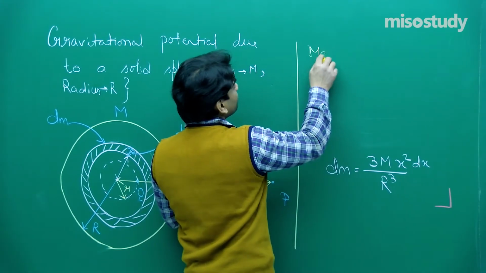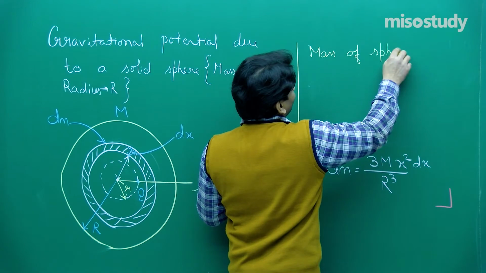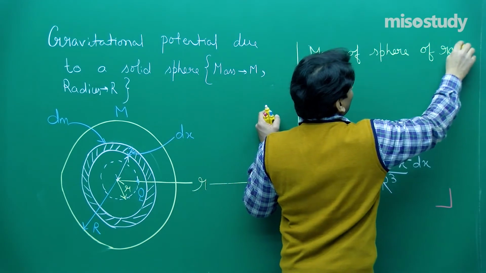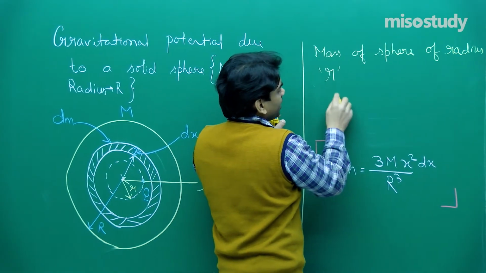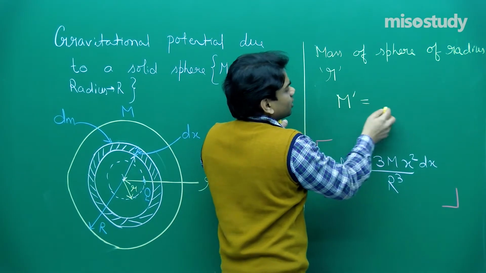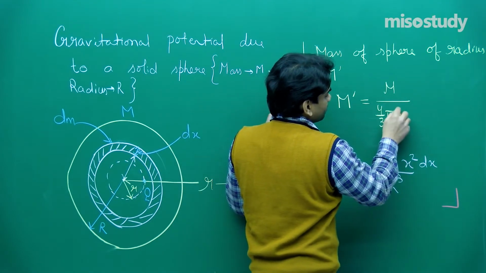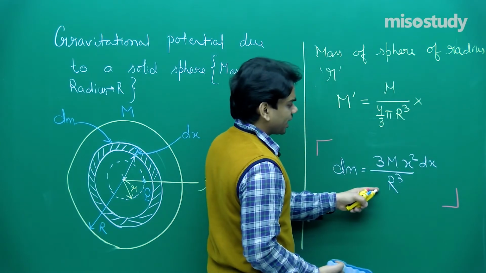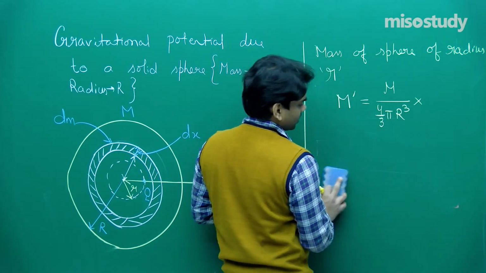Mass of sphere of radius small r. This will come out to be, let me mark that as m dash, total mass upon total volume multiplied by the volume of the inner sphere. I hope that you all can remember this formula.